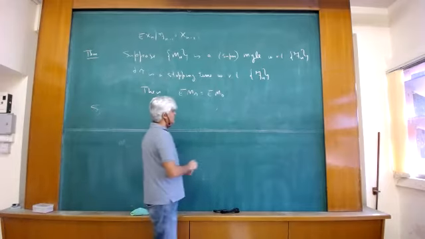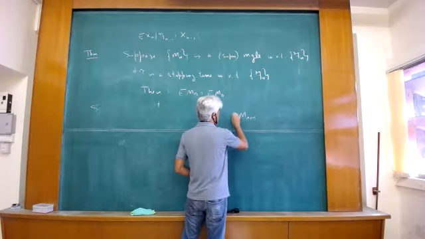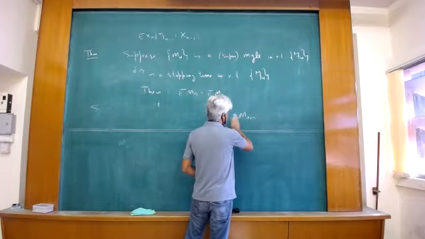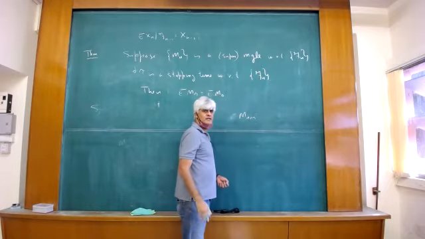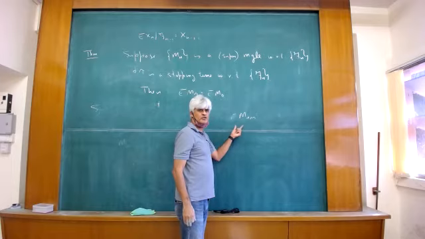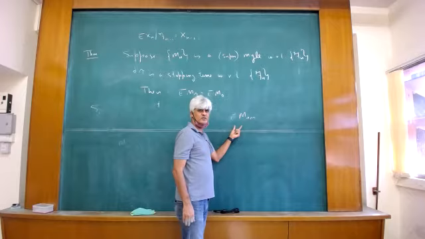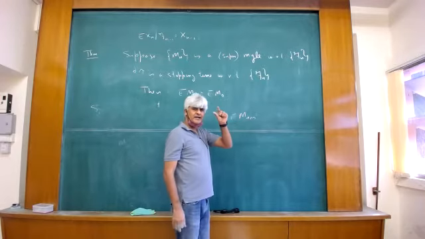Earlier we had said that M_{n min tau} is basically a martingale. If the underlying process was a supermartingale, this will also be a supermartingale. If the underlying process was a submartingale, this will also be a submartingale.